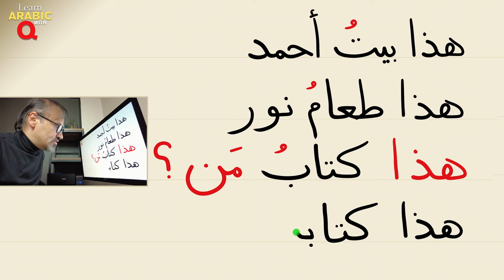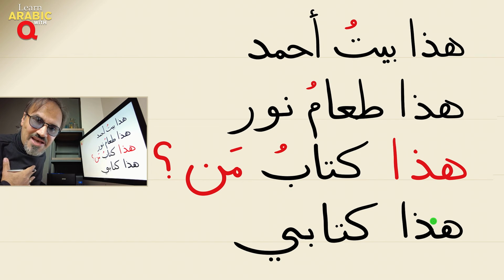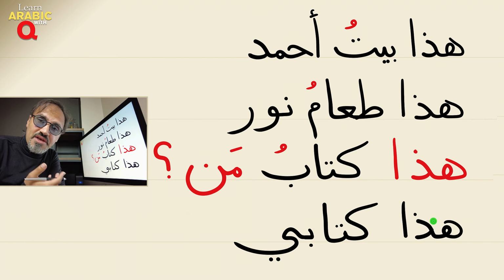You just add a yeah to it. هذا كتابي. And if it wasn't mine and it belonged to somebody else, for example, it belongs to Aisha, I would say هذا كتاب عائشة. This is Aisha's book.